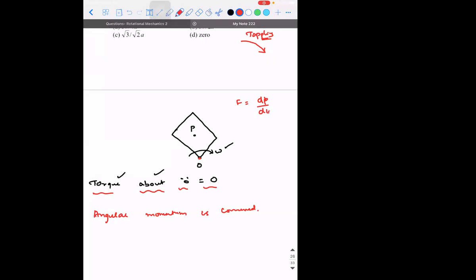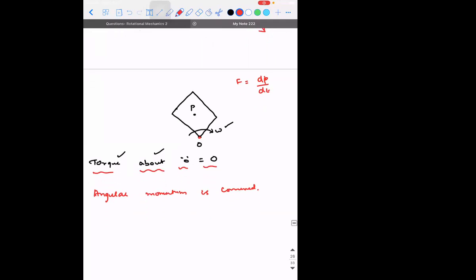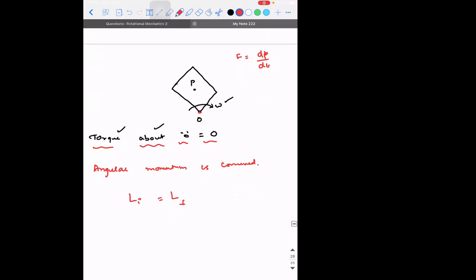The external force acting on the system is 0. When the external force acting on the system is 0, linear momentum is said to be conserved. In a similar context, if angular momentum has to be conserved, then the torque has to be 0. In this case, the torque is going to be 0. Now, what is the angular momentum which was there initially, and what is the angular momentum that is there finally?